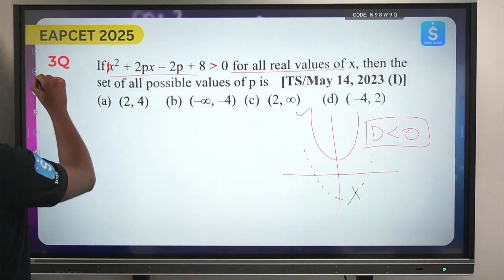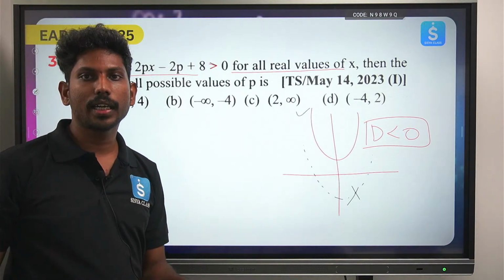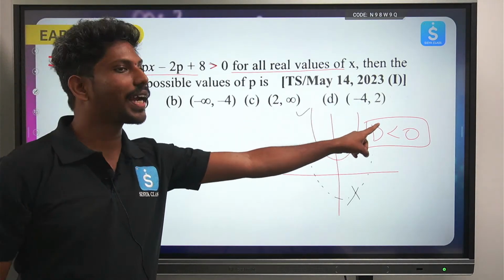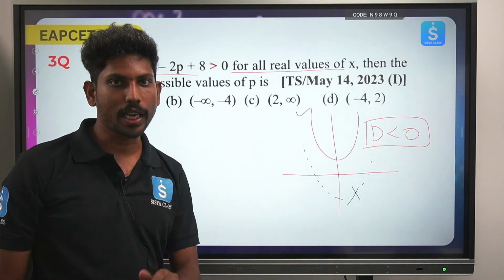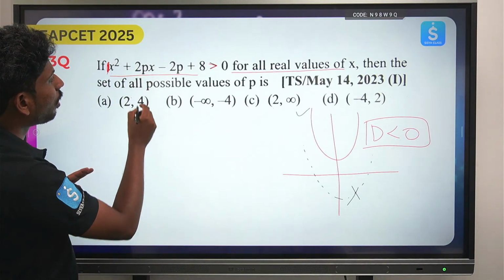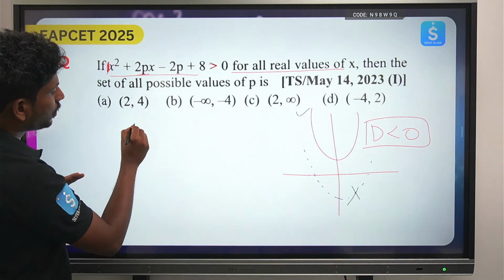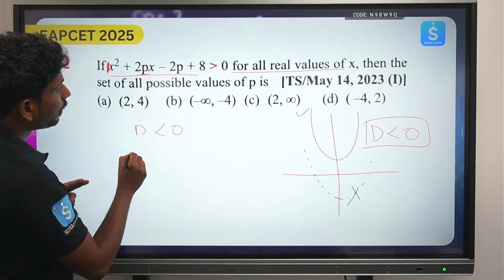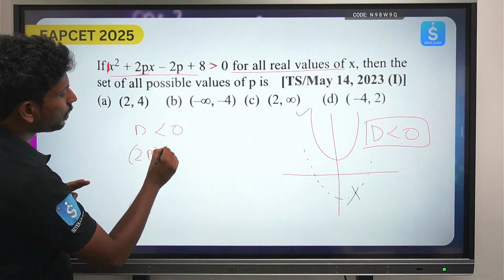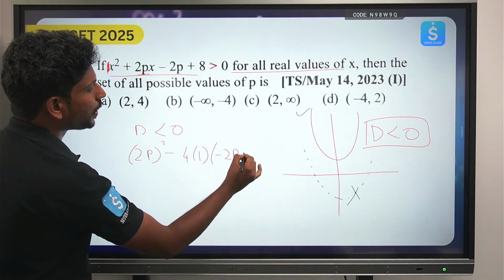Okay, now for that reason, from now onwards in the detailed discussion, in order to acknowledge why this discriminant value is less than 0. Okay, I hope you got the discussion. Now what is the discriminant value over here? How can we find the discriminant? b square minus 4ac. So just take discriminant less than 0, that will be (2p) whole square minus 4 into 1 into (minus 2p plus 8).